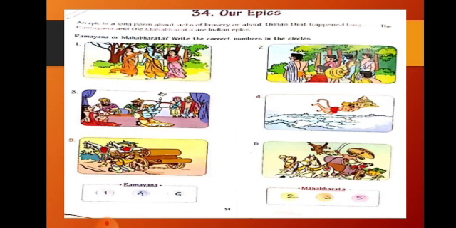So the Ramayana is now 1 and 4, and Mahabharata is 2 and 3. Now the fifth picture is again of Mahabharata. Write there 5, and in the sixth picture you can find Ravana and Sita, and the picture of Garud is also there. So the picture relates with the story of Ramayana.